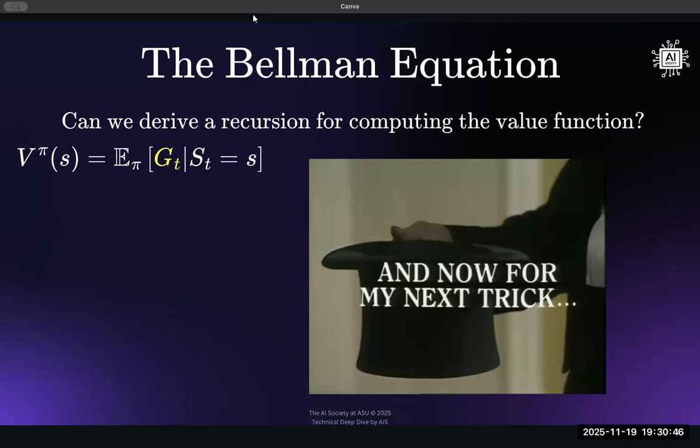And so we might skip this, but we can derive a recursive equation for this that involves that value function, that involves two versions of it, the current version and the next version. So the version at some current time step and the next version at the next time step.